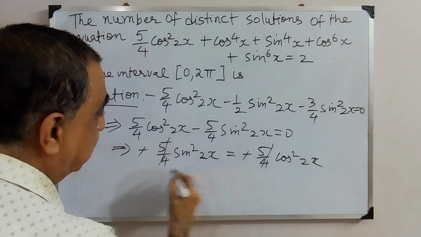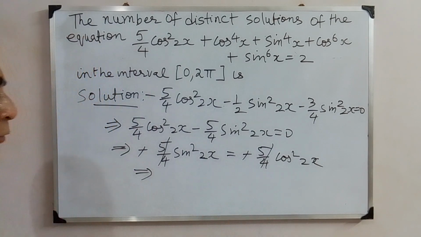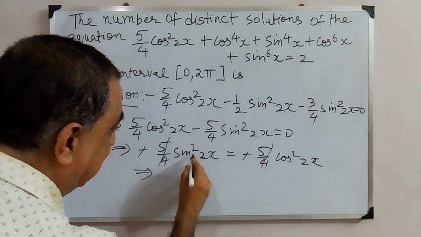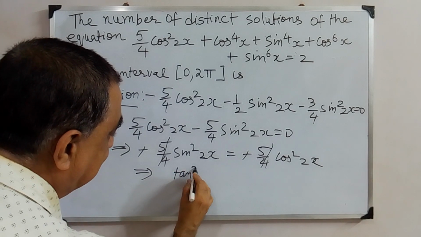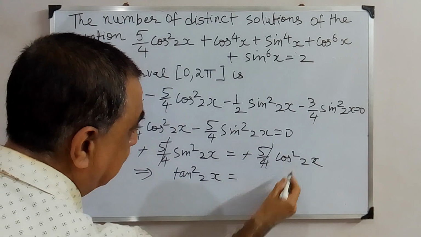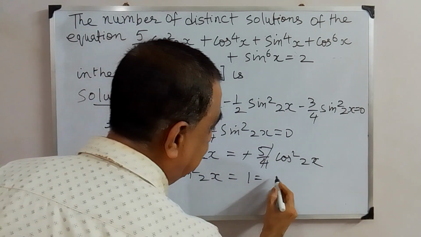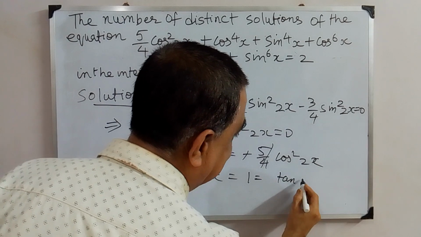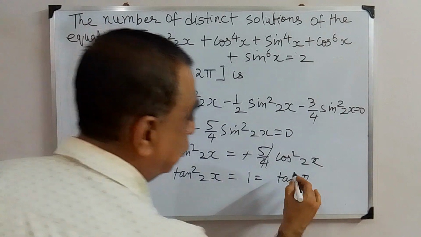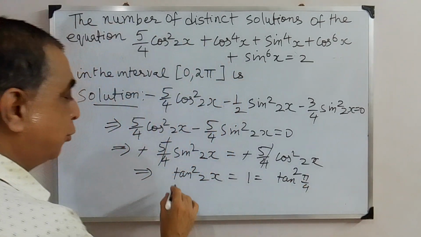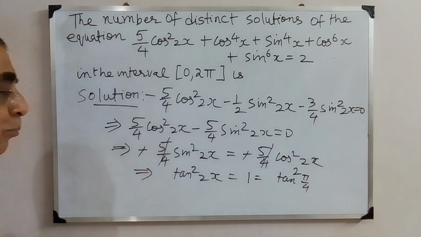So then dividing both the sides by cos squared 2x, this will become sin squared 2x divided by cos squared 2x, which is tan squared 2x. And here cos squared 2x divided by cos squared 2x is 1. And 1 we know is equal to tan pi by 4. So tan pi by 4 is 1. So 1 squared will be 1. So tan squared 2x is equal to 1, which is tan squared pi by 4.